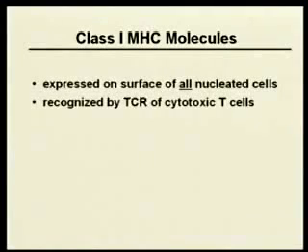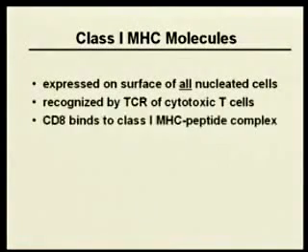MHC class I is recognized by the T-cell receptor on cytotoxic T cells. Again, these are the cells that are able to directly lyse cells. We'll discuss later that CD8, which is expressed by all cytotoxic T cells, also plays an important role in the interaction between the CTL and the cell expressing the class I MHC.